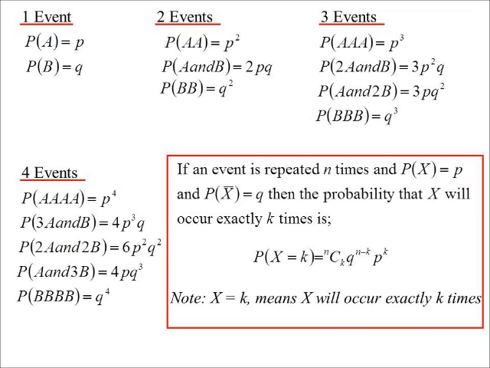Right? So we'll have NCK, probability of it happening to the power of K, so therefore the probability of it not happening would be to the power of N minus K. And so that notation I've used there, X equals K, it's basically saying X will occur exactly K times.